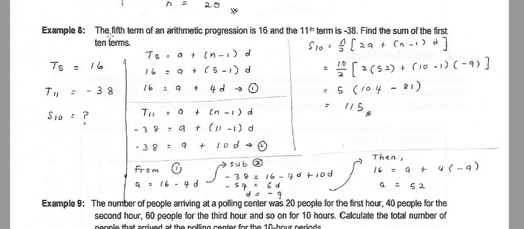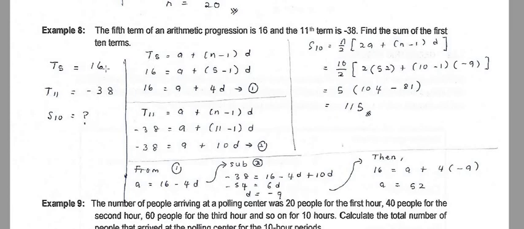Example 8. The fifth term of an arithmetic progression is 16. So T5 equals 16. And the 11th term is negative 38. So T11 equals negative 38. Find the sum of the first 10 terms. The question wants us to find S10. Okay.